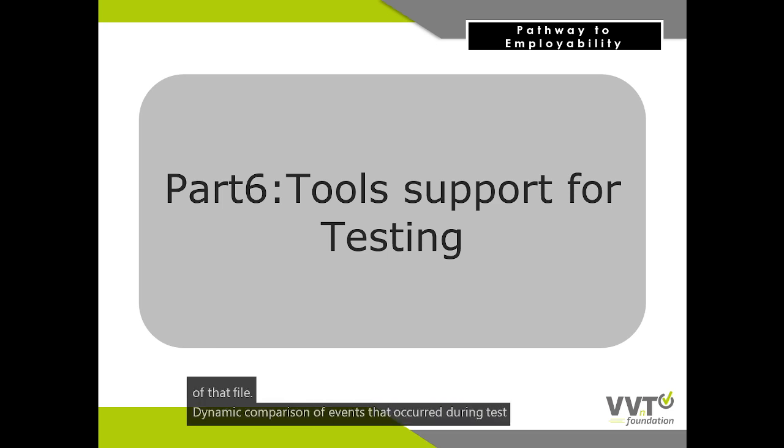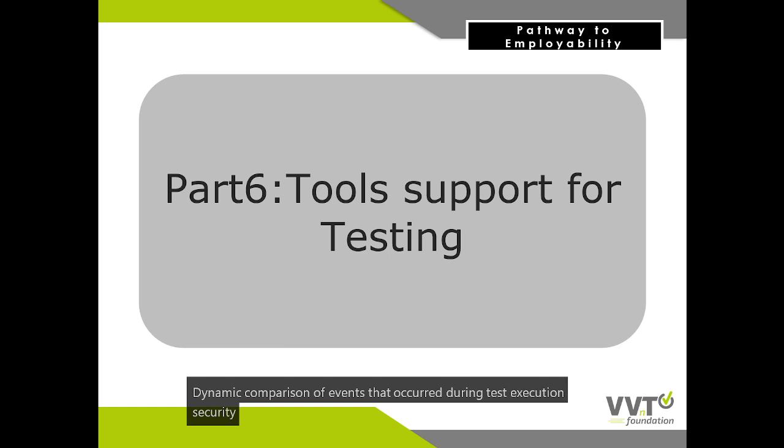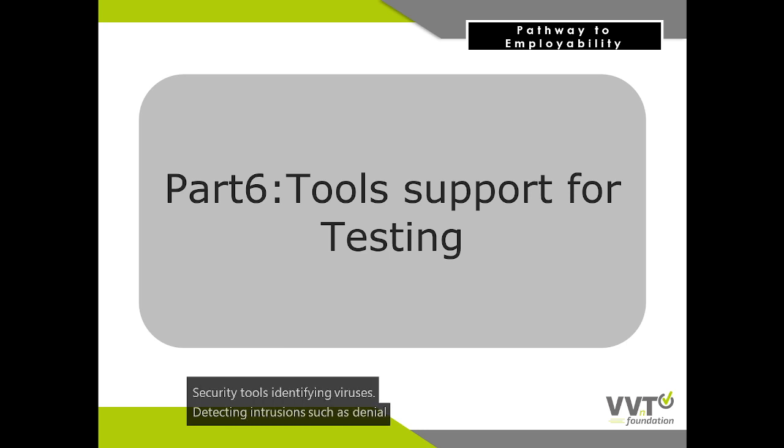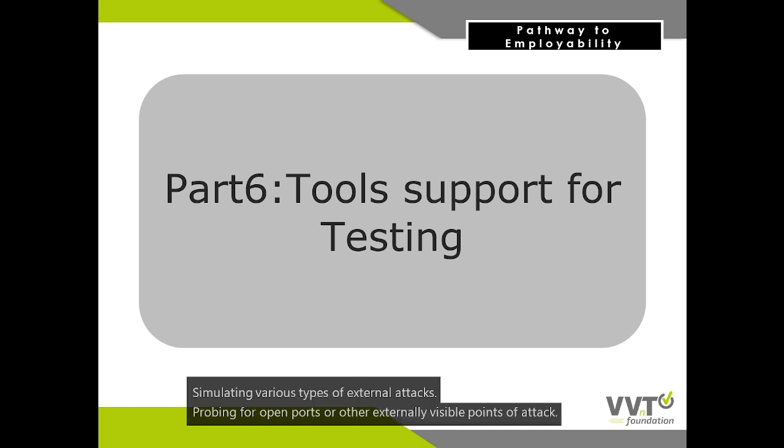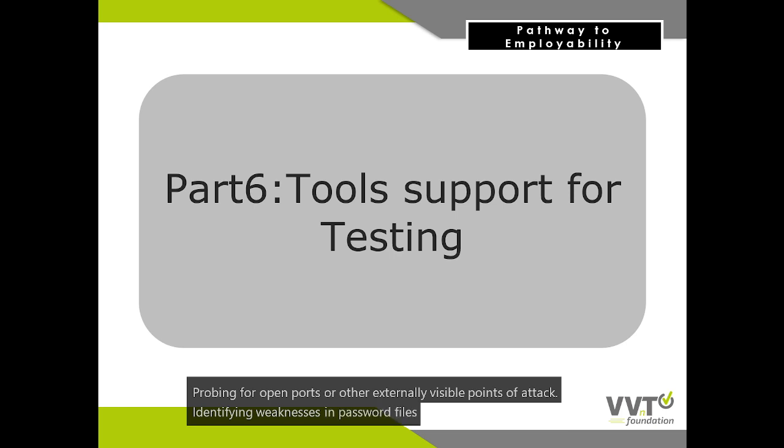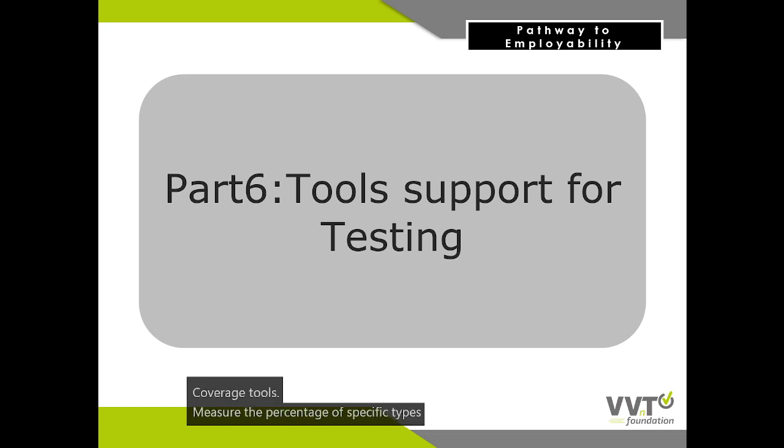Security tools identify viruses, detect intrusions such as denial of service attacks, simulate various types of external attacks, probe for open ports or other externally visible points of attack, and identify weaknesses in password files and passwords. Coverage measurement tools measure the percentage of specific types of code structure, e.g. statement or decision.